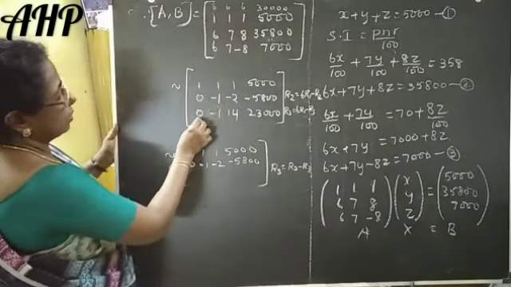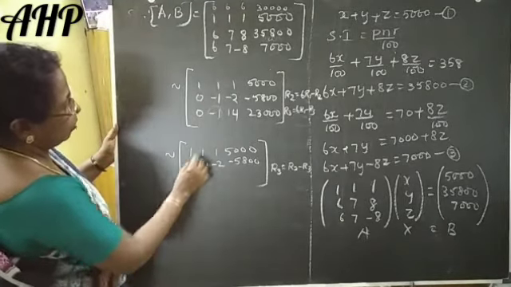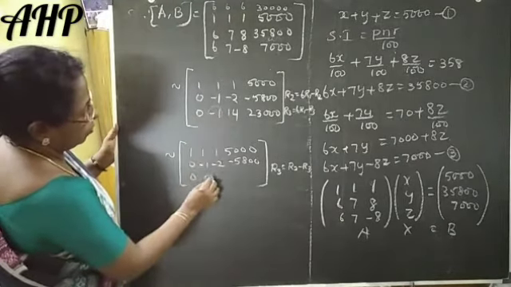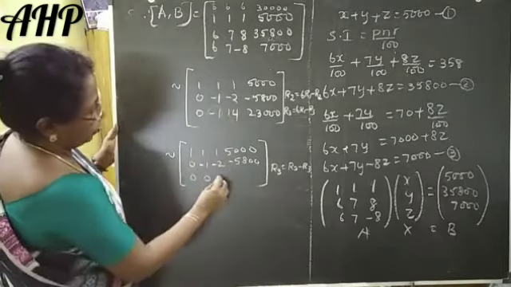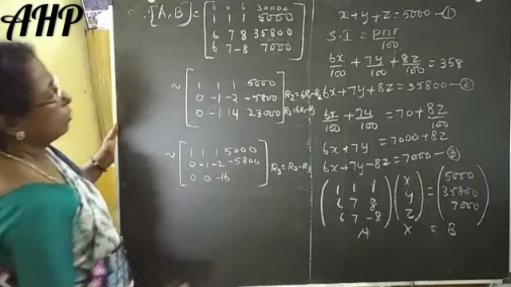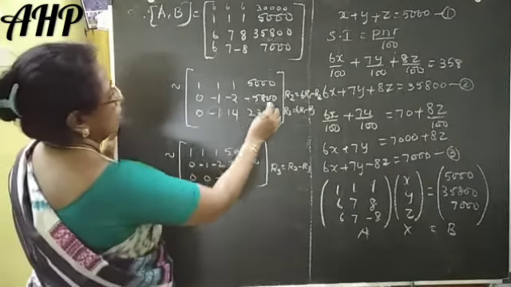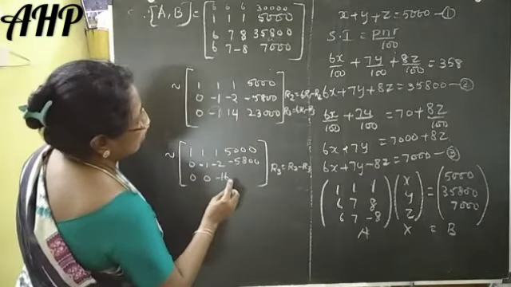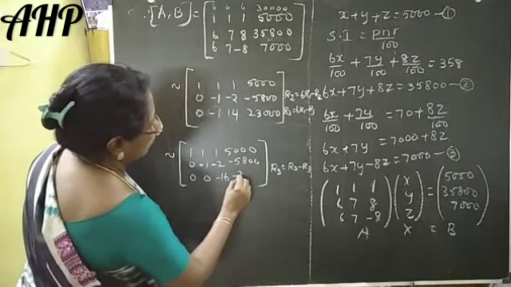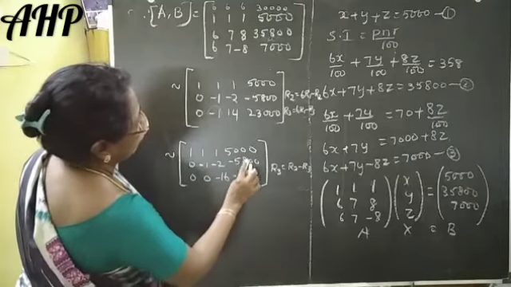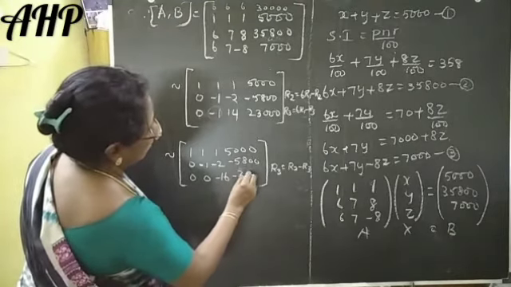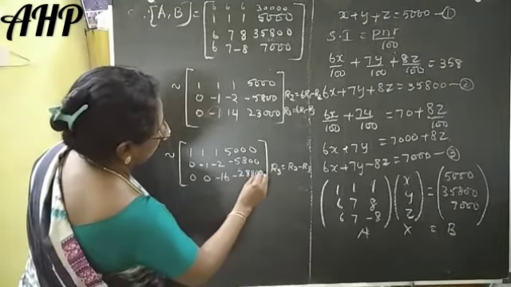Now this minus this gives you 0. 1 minus 1, 0. Minus 2 minus 14 is minus 16. Minus 5,800 minus 23,000 will give you minus 28,800.